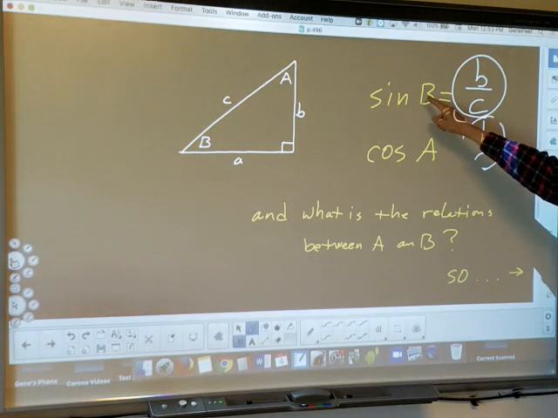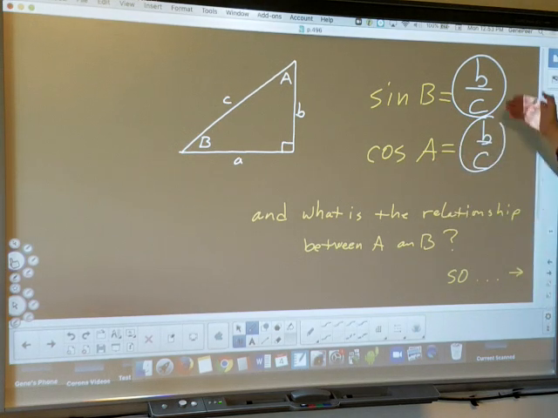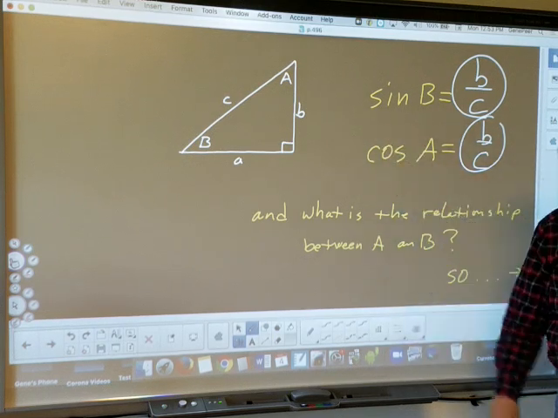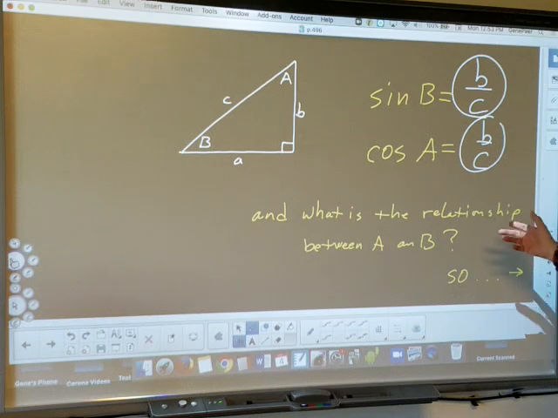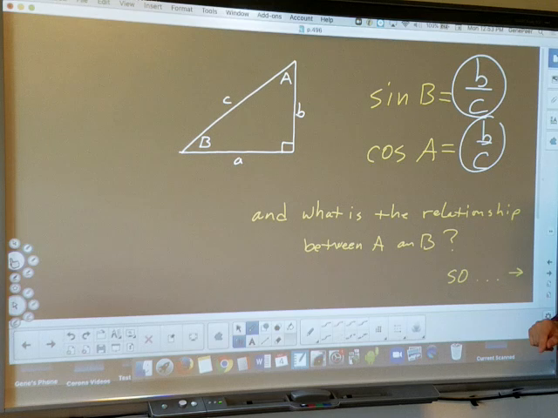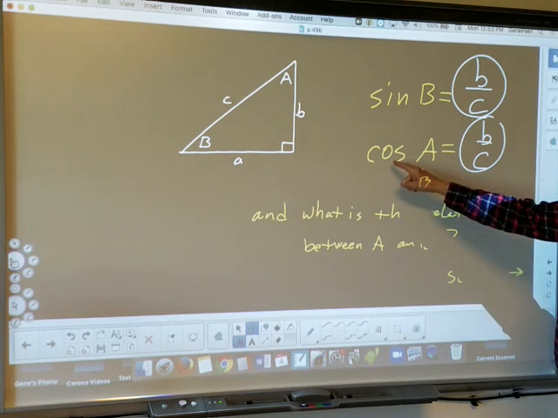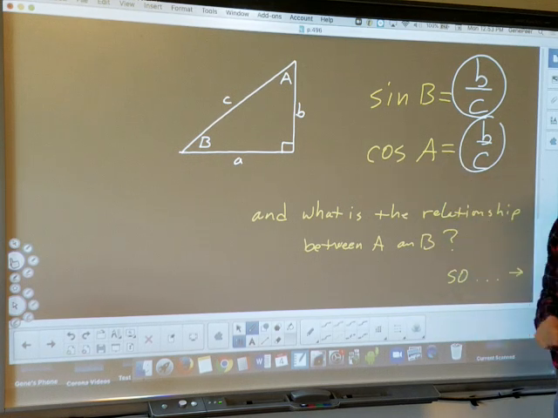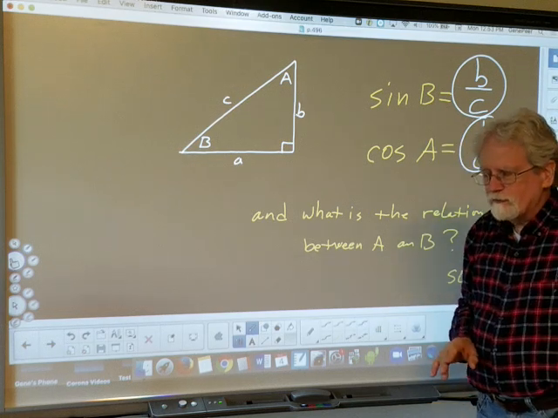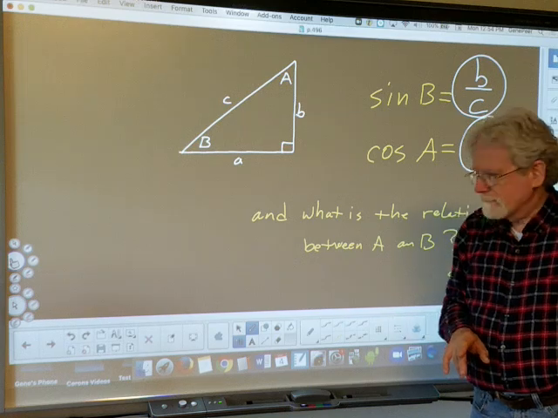The sine of B and the cosine of A are the same thing. And what's that special relationship between A and B? They're complementary. So as we said in the previous chapter, the sine of an angle will be equal to the cosine of its complement.